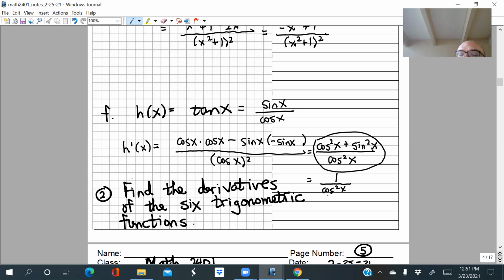But you remember what 1 over the cosine is? That's another trig function. What trig function is 1 over the cosine? Secant. Perfect. Well, this is 1 over cosine squared, so what you really have here is secant squared.